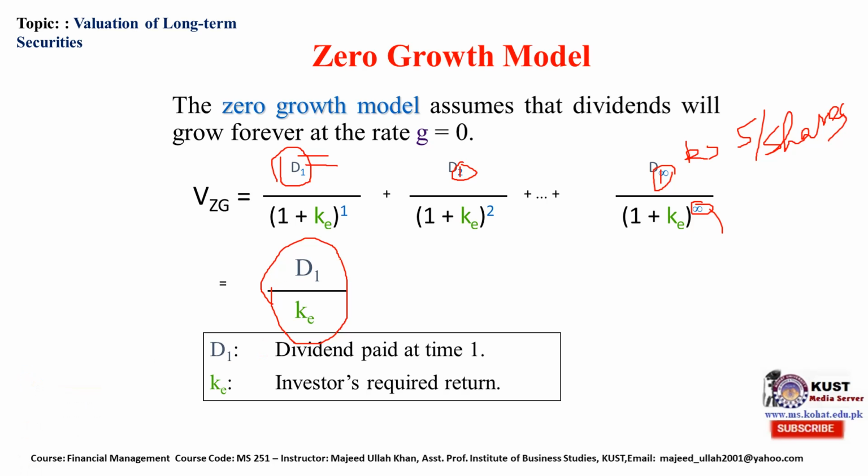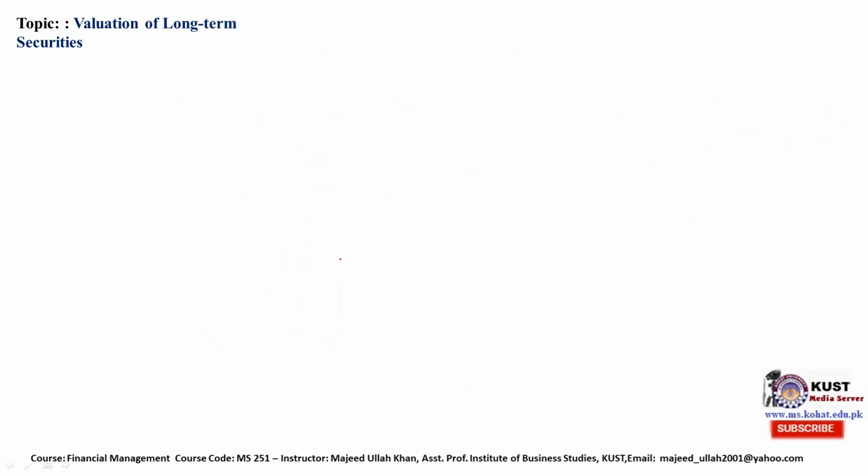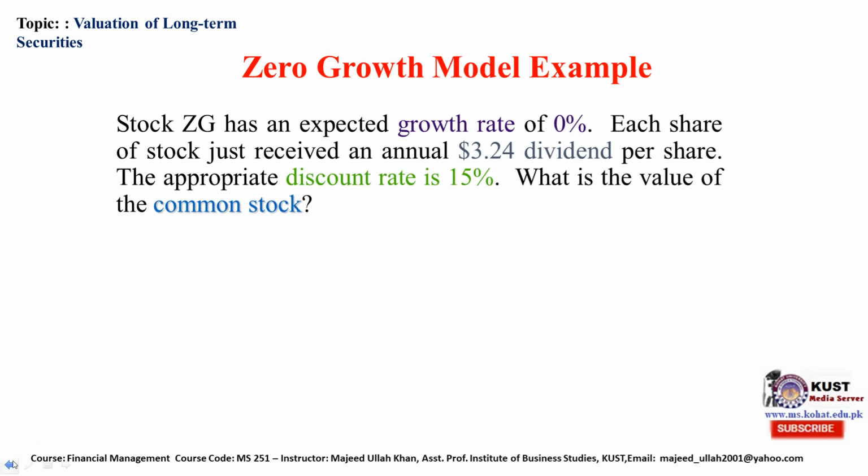This formula will be used in the coming example. Again, let's suppose stock ZG has an expected growth rate of 0%. Each share of stock just received how much? The same example, $3.24 dividend per share.